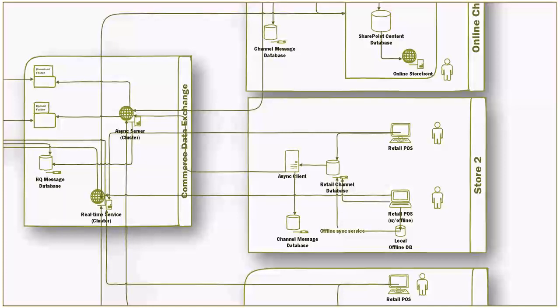So in this case, you would specify this retail channel database in store 2 as the channel database to synchronize with, and you would specify this local offline database in store 2 as the one with which you would want to synchronize the data.